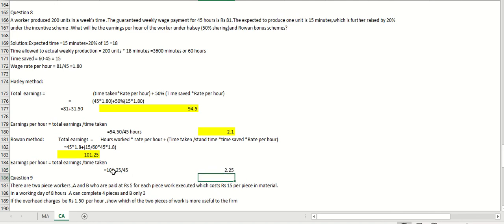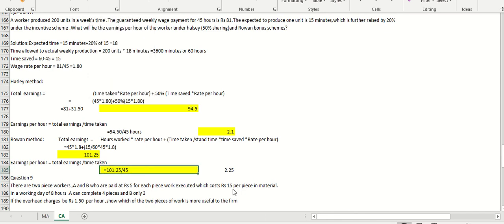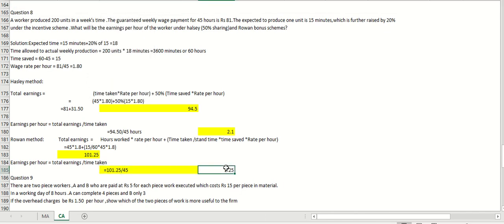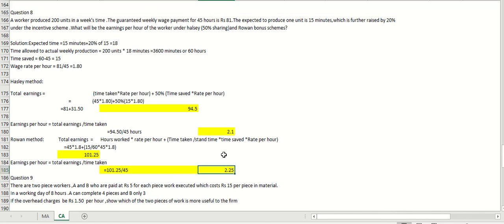So under the Halsey method, your total earnings is 94.5 and earnings per hour is 2.1, and under the Rowan method, your total earnings is 101.25 and earnings per hour is 2.25.